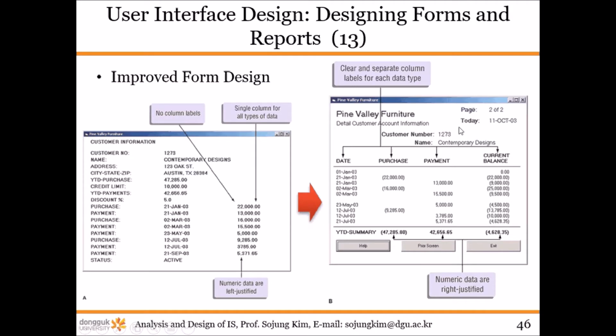Page number, today, and date, right? However, if you look at this one, although the same information is included in this form, it's kind of hard to read, right? So that's why it's very important to design a visible and understandable interface.